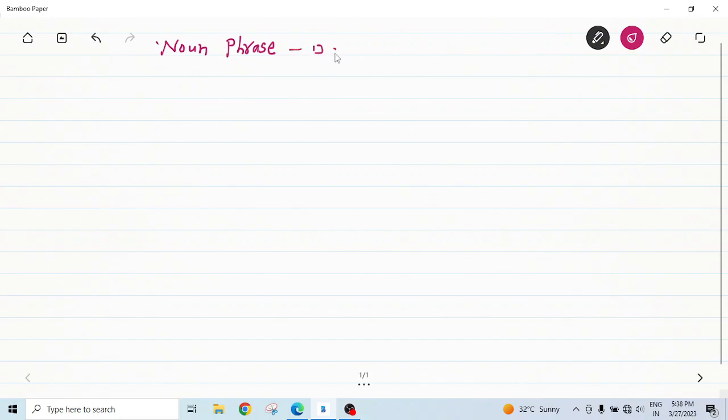The first is the function of a noun phrase in a clause, and then I was talking about the structure of the noun phrase. So the structure of the noun phrase is shown in this image.